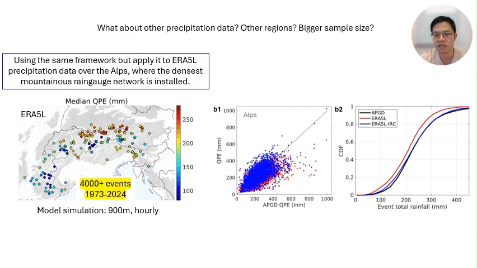And what we see is that ERA5L is underestimating, and then ERA5L IRC is improving the precipitation for a lot of the events. Each dot represents one event, and for some extreme events, we see an improvement of 100 millimeter, sometimes 200 millimeter at rain gauge locations. And we compare the CDF, the cumulative distribution function of the event total rainfall, and what we see is ERA5L IRC is very close to the APGD data compared to the original ERA5L.